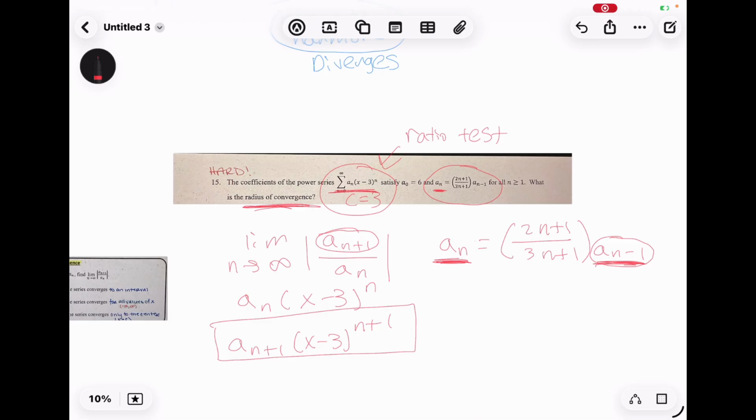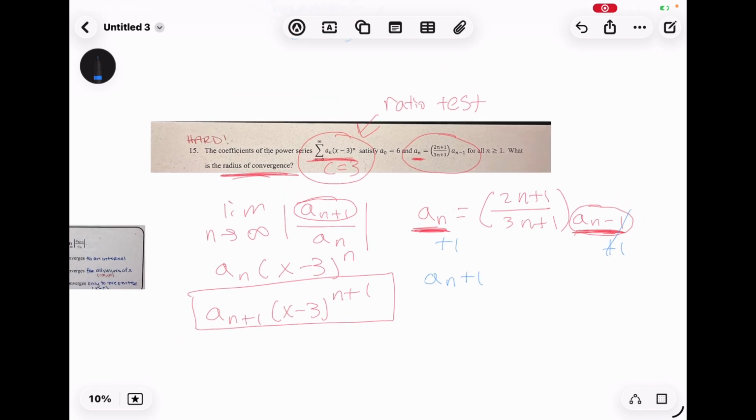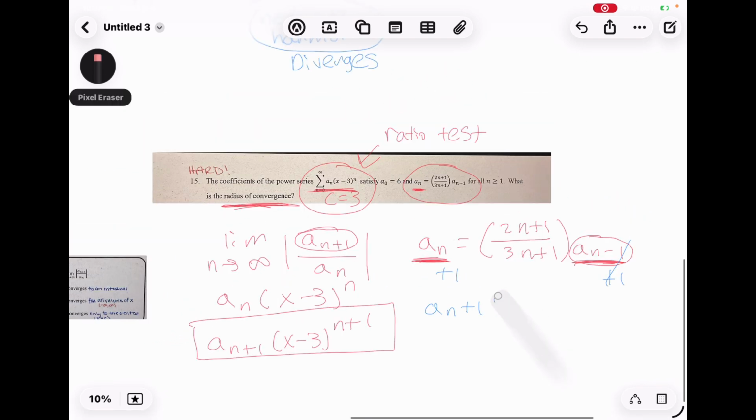I would have to add 1, right? So if I add 1 here, this cancels. And if I add 1 here, this is a sub n plus 1. And if I do a sub n plus 1, that means I need to do n plus 1 in this portion as well. So plug in plus 1 for the n's.